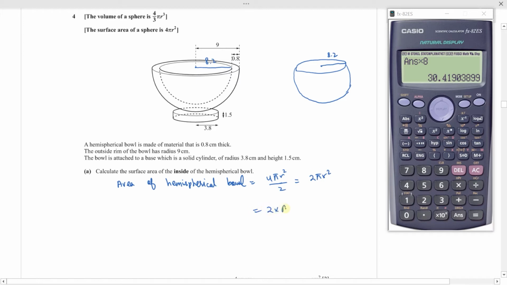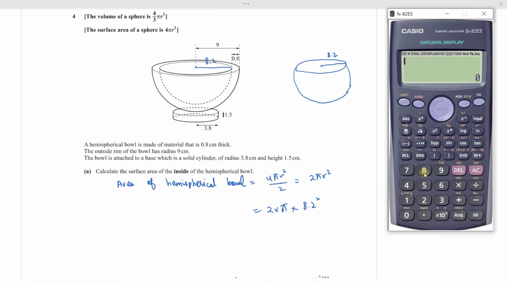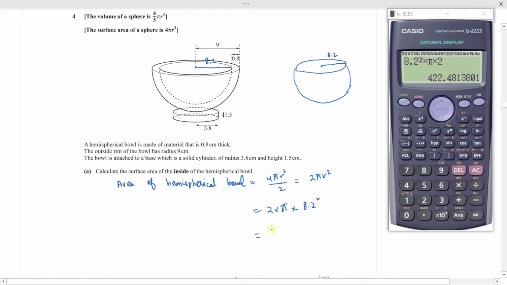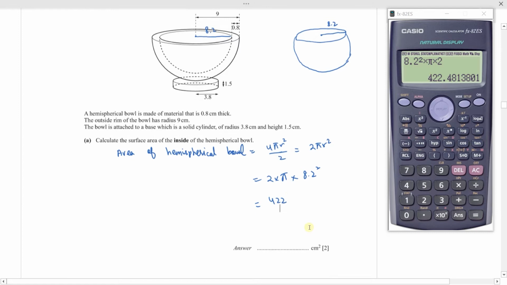So 2 into pi into your radius, 8.2 square. So this is 422.48, and up to three significant figures this will be 422 centimeter square. So this is 422 centimeter square.